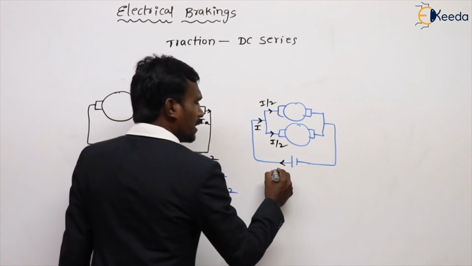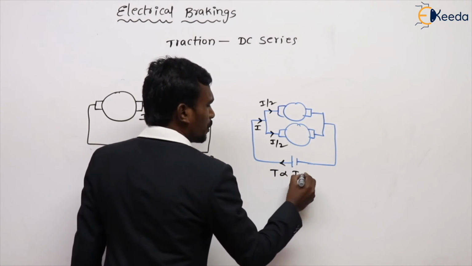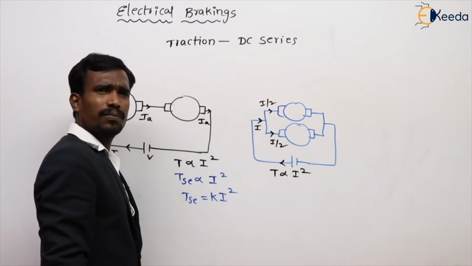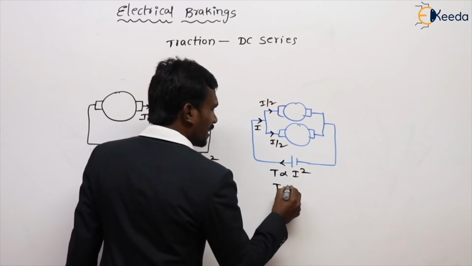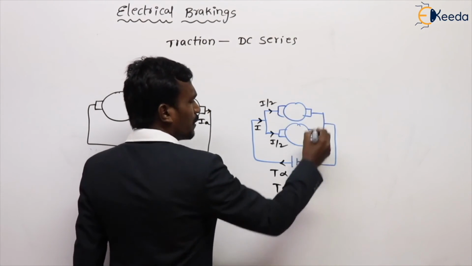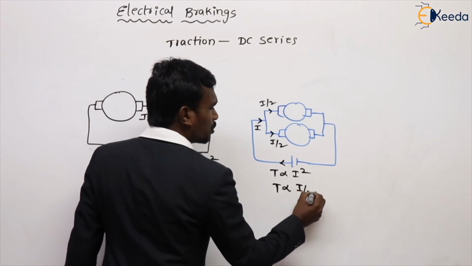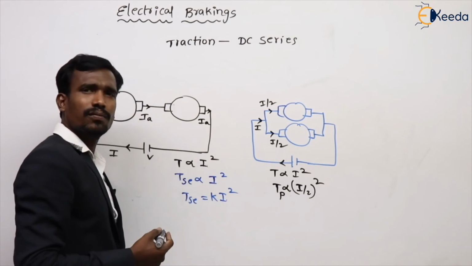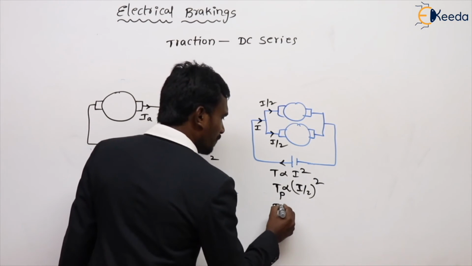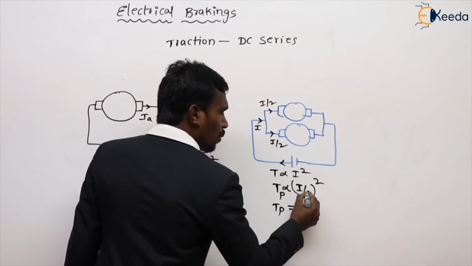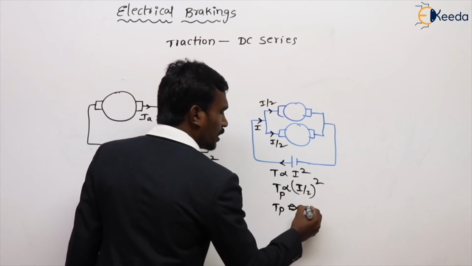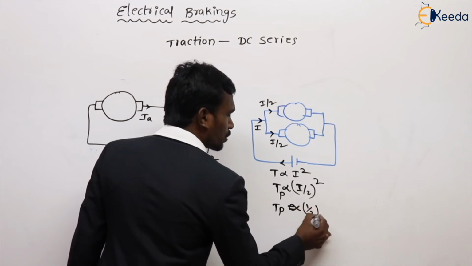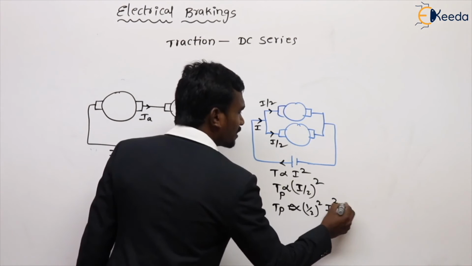Here also the torque is directly proportional to the square of the armature current, so for the parallel connection the torque is directly proportional to I by 2 whole square. Let's see what the parallel connection is equal to. It is directly proportional to 1 by 2 square into I square.